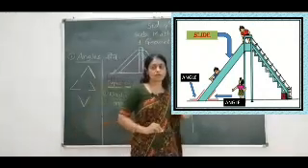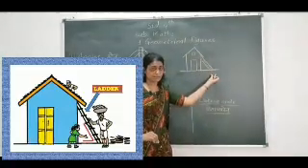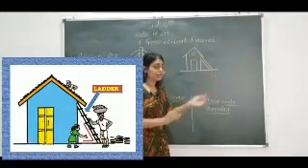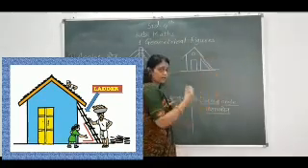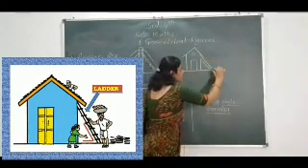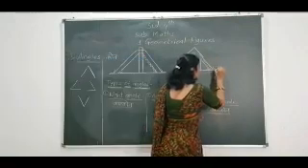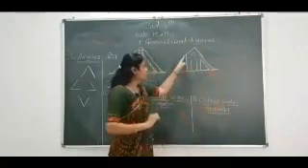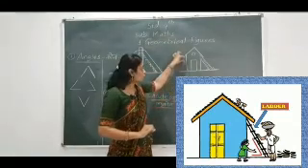Another example of angle is, this is a house and this is a ladder. We see an angle between the ladder and the ground. Once again I repeat, we see an angle between the ladder and the ground. This is the wall of the house.